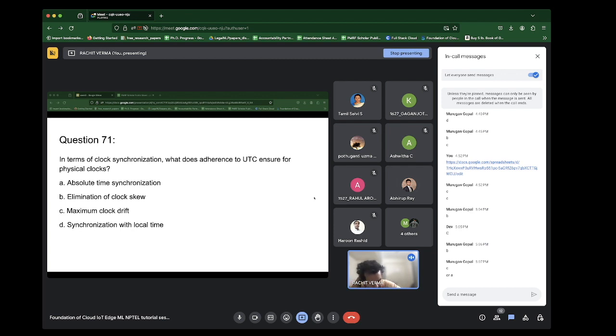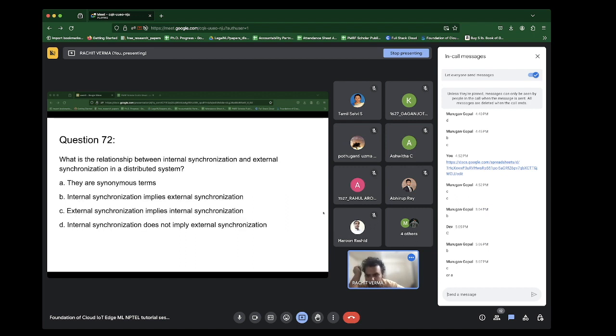Synchronization with local time you could also say, but the main idea is A, absolute time synchronization. Oh, I'm sorry. I think D is the right answer. Sorry, synchronization with local time is the right answer. I mean D, A, and B you could say.